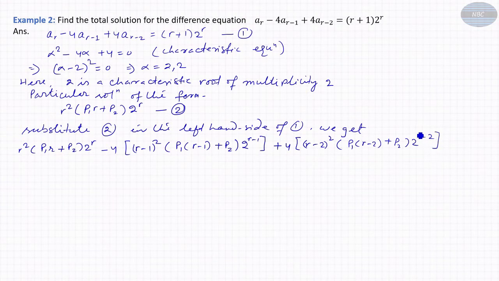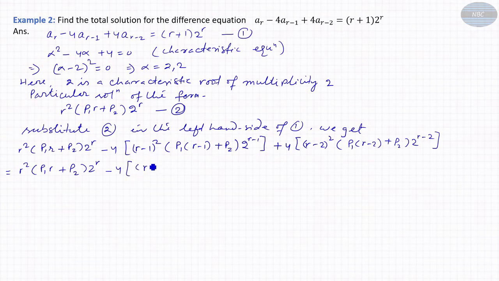Okay, so now let us simplify this one. So this is equal to r square (p1 r plus p2) 2 to the power r. Now let us use the formula (a minus b) whole square.